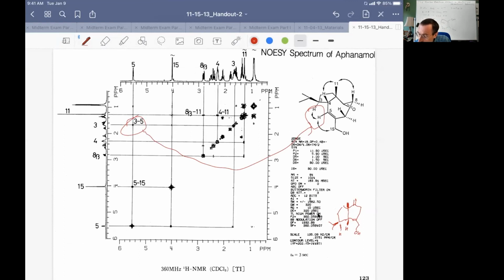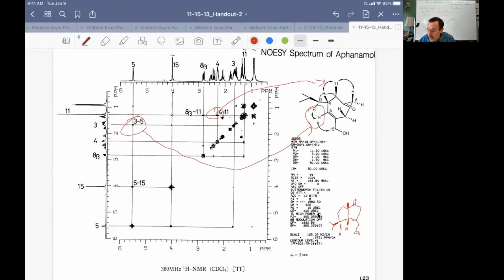We see an NOE between the hydrogen that's attached to position 4 and the methyl group. That NOE is shown over here as this cross peak. And again, as James showed you, these are really contour plots, so you can see the intensity by the size of the contours or the topography. And so that's evidence that the ring fusion is cis.